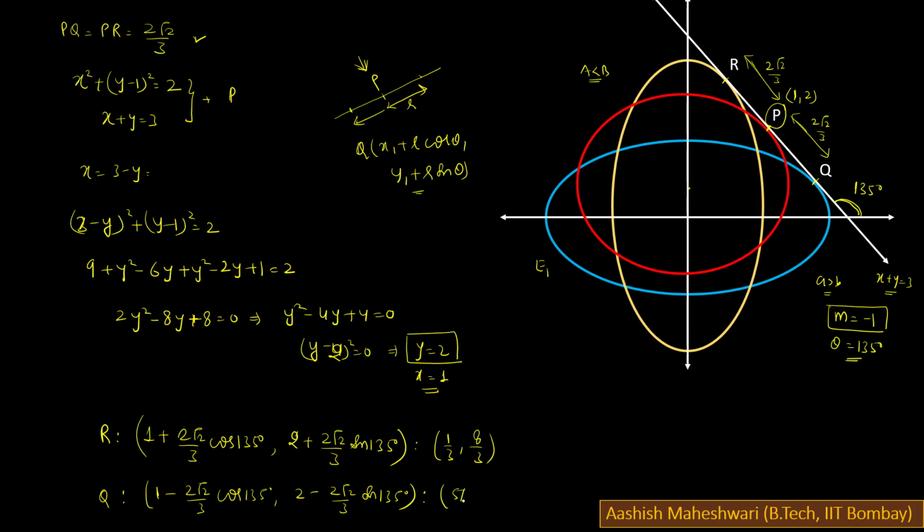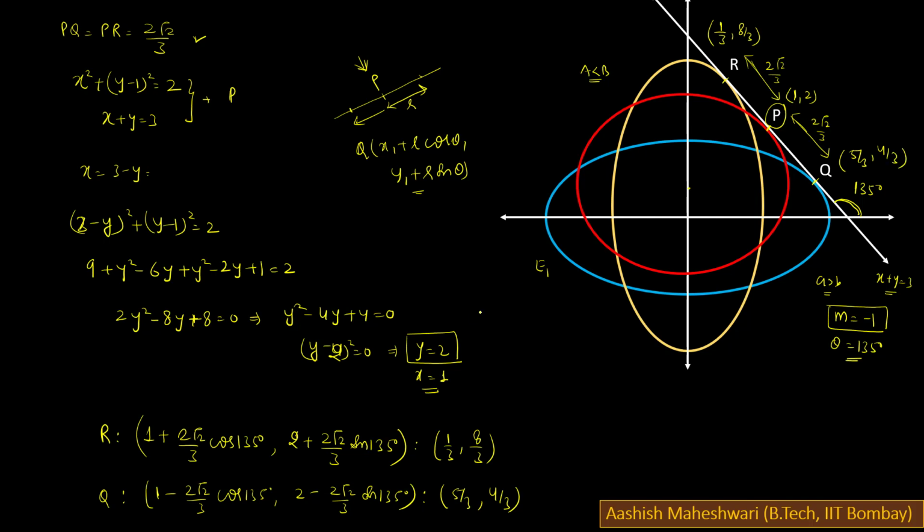You can check the calculations. If I cancel this 1 by root 2, you will have 6 minus 2, that is 4 by 3. So we have got these points. Point R is (1 by 3, 8 by 3). And similarly, this point is (5 by 3, 4 by 3).